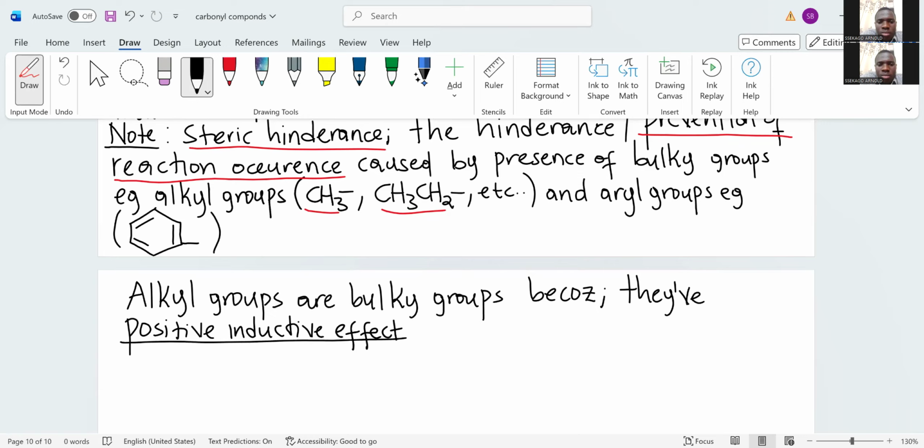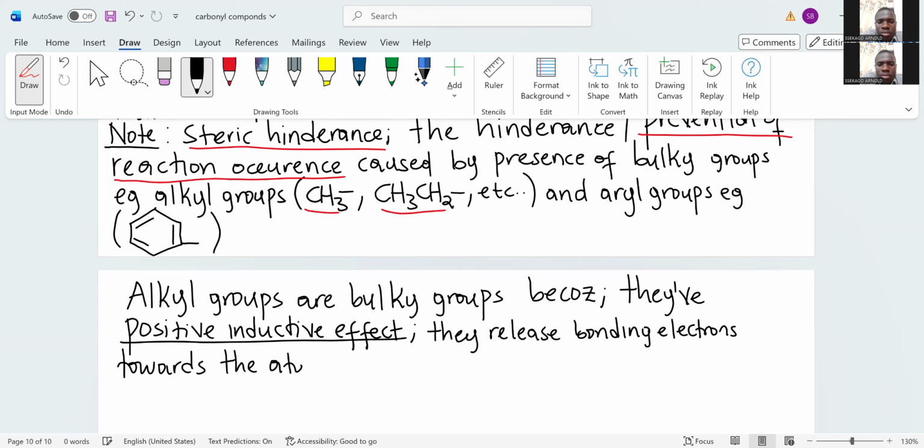What do I mean they have positive inductive effect? This means they release bonding electrons towards the atoms to which they are bonded, i.e. CH3 has this tendency.